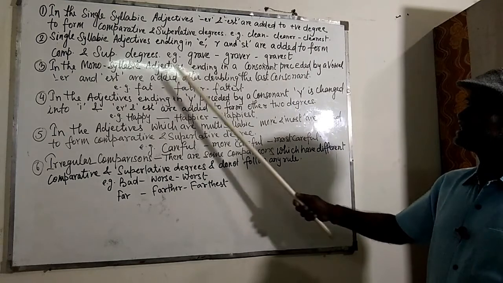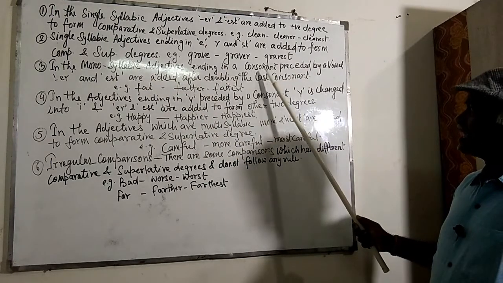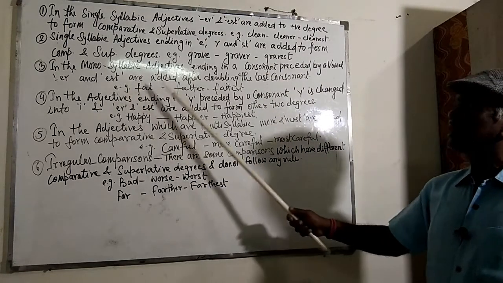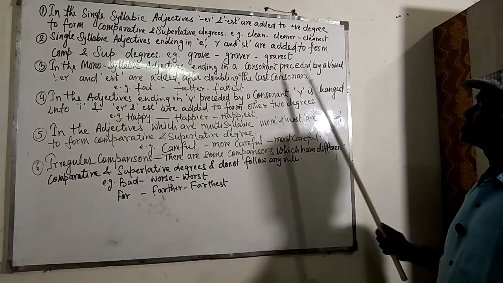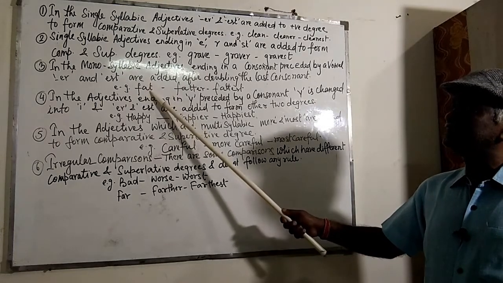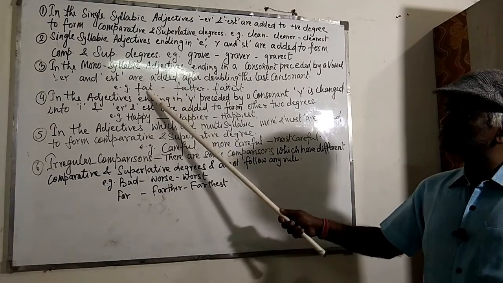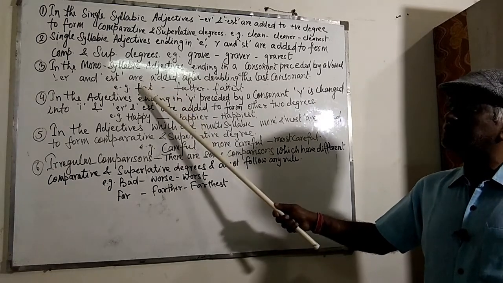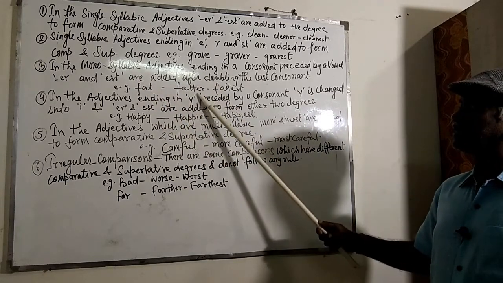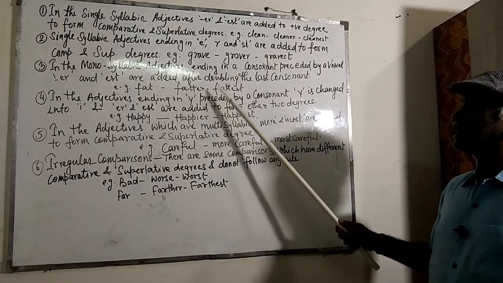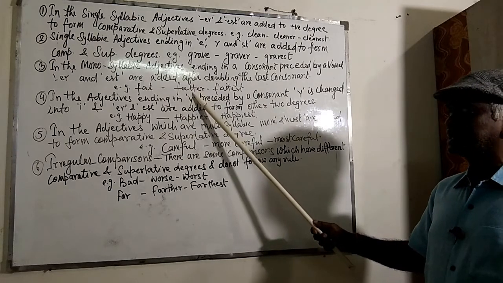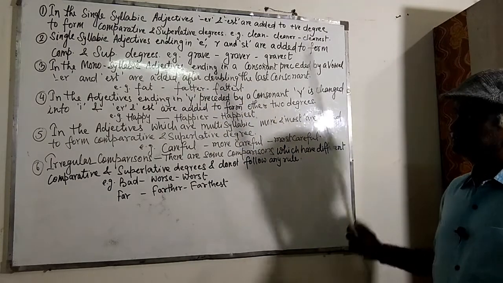Monosyllabic and single syllabic both are same. So if it is a single syllabic and the last consonant is preceded by a vowel sound, then ER and EST are added after doubling the last consonant. For example, fat, F-A-T. Here T is coming at the end and this consonant sound T is preceded by a vowel sound A. So this T becomes double, F-A-T-T-E-R and F-A-T-T-E-S-T. Fat, fatter in comparative degree and fattest in superlative degree.